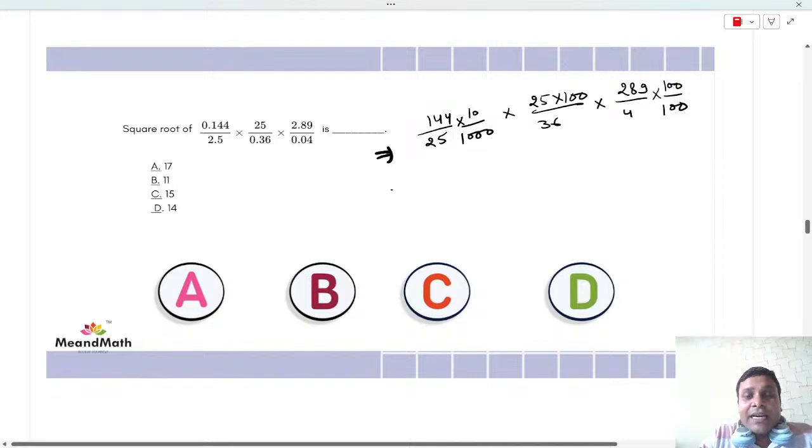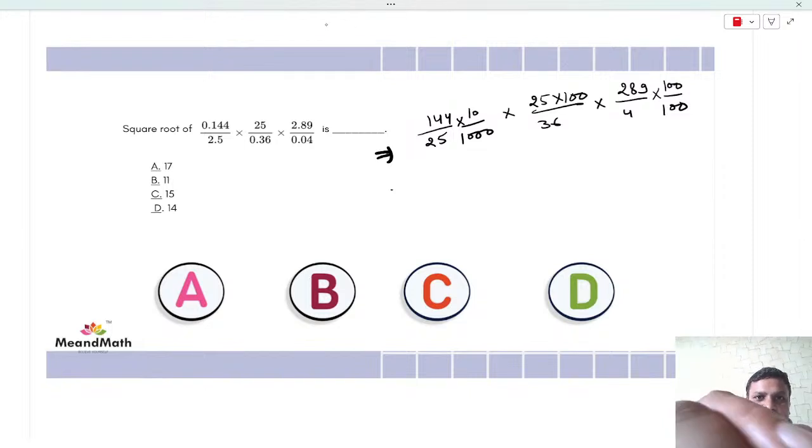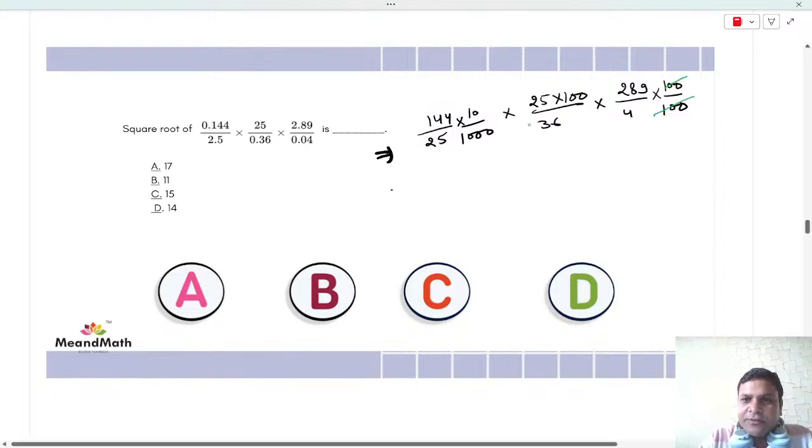So I converted all the decimals into fractions. Now some terms are cancelling out. 25 cancels out. 10 cancels out. 36 cancels out by 4, and 4 is cancelled by this. 100 is cancelled by the 100.